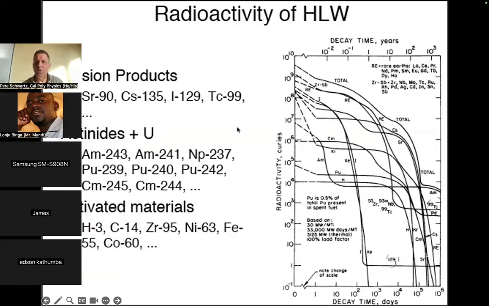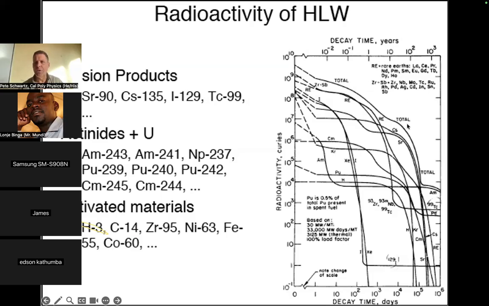And so if you look at this curve, this is the total radioactivity over time. What you can see is when it comes right out of the nuclear reactor, the radioactivity is over 1 billion, okay? And in one day, it drops by a factor of 10, which is huge. If you wait a year, it drops by a factor of 100.